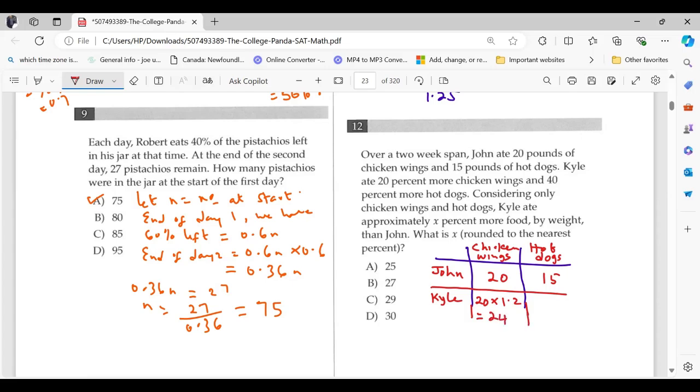And 40% more hot dogs, so 15 times 1.4 will give us 21.